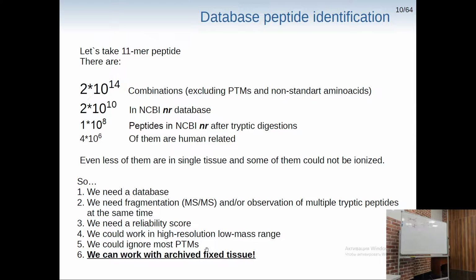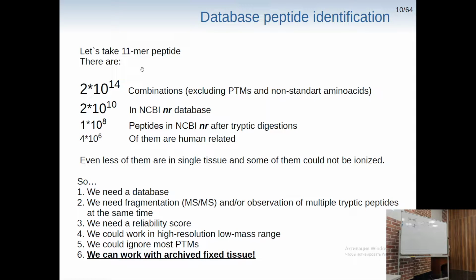Database. We've come to the conclusion that we need one. Let's see what database we can use. Again, at the beginning of proteomics, after the conclusion that it is not possible to just de novo sequence every peptide, there was an idea to make a database of spectra of every possible combination of amino acids, which leads us to this number.